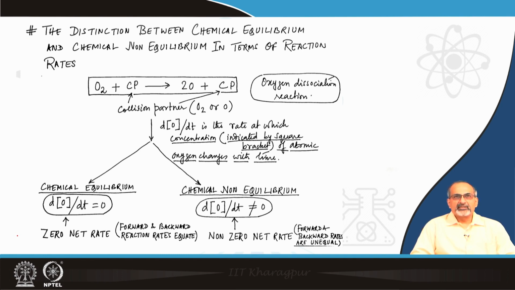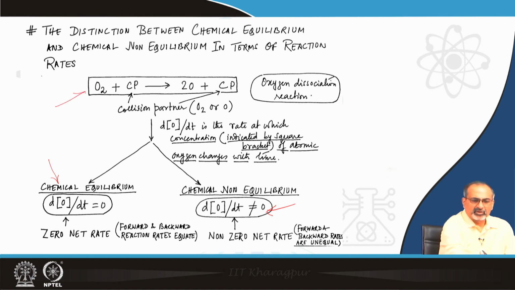We recall the distinction between chemical equilibrium and chemical non-equilibrium in terms of reaction rates. The main underlying idea is that in chemical equilibrium, you have a zero net rate. That means the forward and backward reaction rates exactly equate with each other, while for a non-equilibrium situation, they would end up producing a net rate which is non-zero.